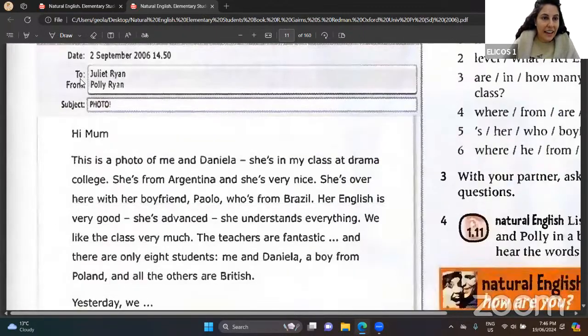Okay, so we could see the date, 2nd September 2006 at 2:50 to Juliet from Polly. Okay, so we know the email is from Polly to her mother.